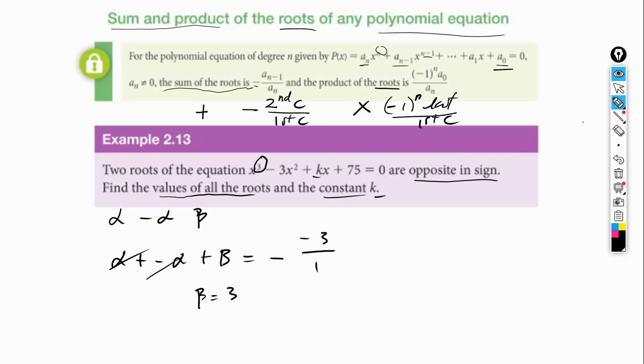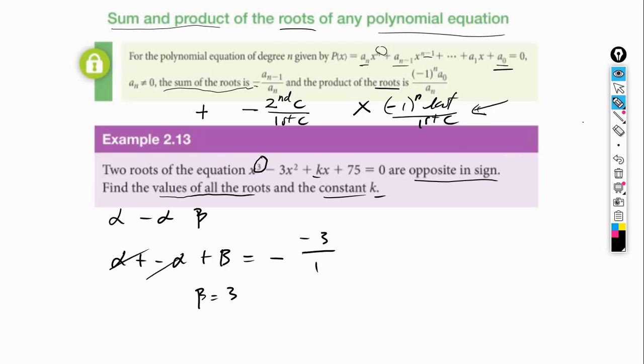Now we can solve for the other roots, alpha and negative alpha. We can use the other theorem, that says that the product of the roots is equal to negative 1 to the power of the degree of the polynomial times the last coefficient, divided by the first coefficient.